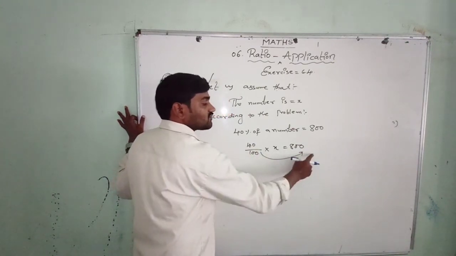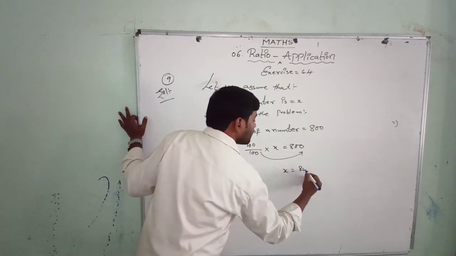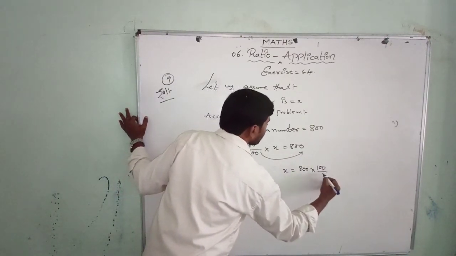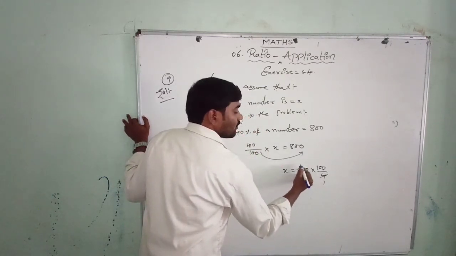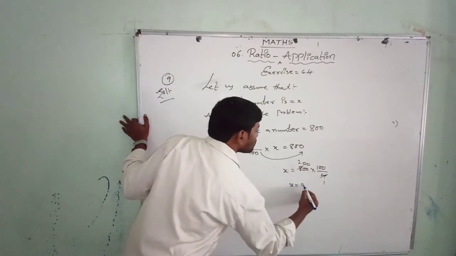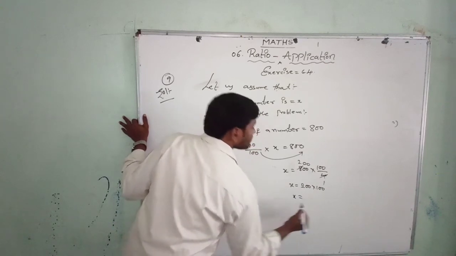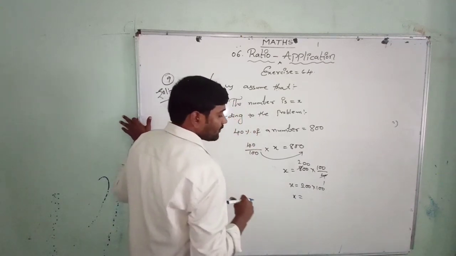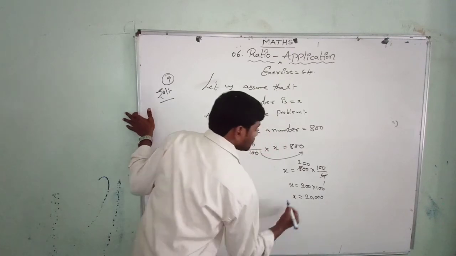If you transfer 40 by 100, it becomes 100 by 40, the reciprocal. 800 into 100 by 40.